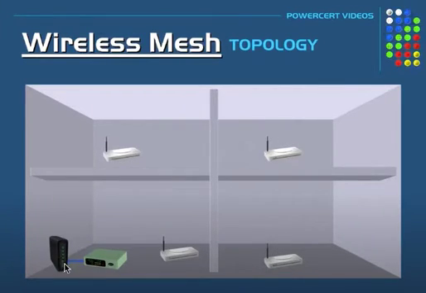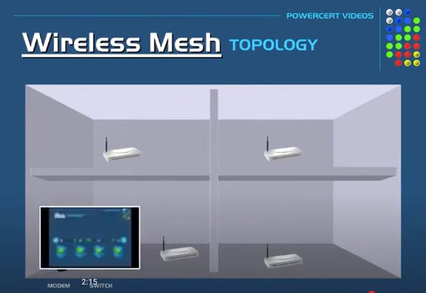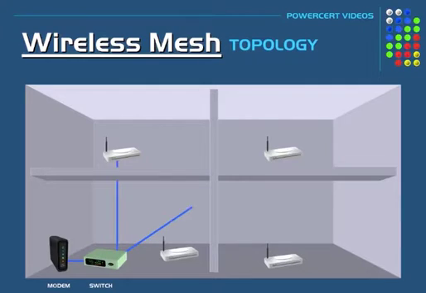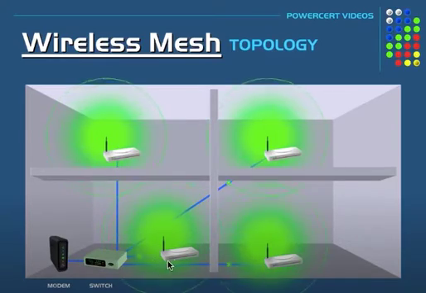This is a modem, this is a switch, and the modem is connected to the switch through a wired connection, and the switch is connected with all four routers. And these four routers are generating Wi-Fi signals in their rooms.